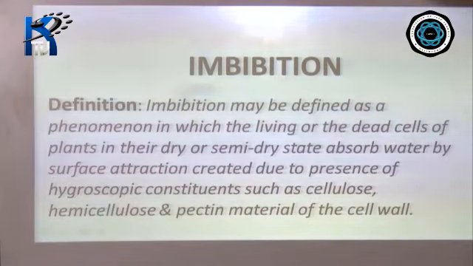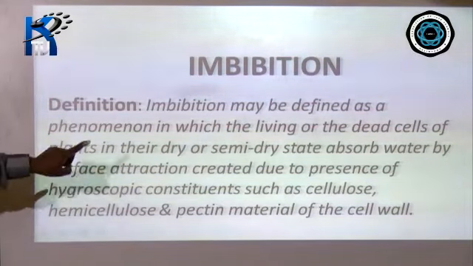So water does not only mean soil water; it can be the water present in moisture also. This moisture water is absorbed by the plant body, and in the plant body, what material absorbs the water? You have to understand, it is the hygroscopic constituents. And how do they absorb? They absorb by surface attraction.